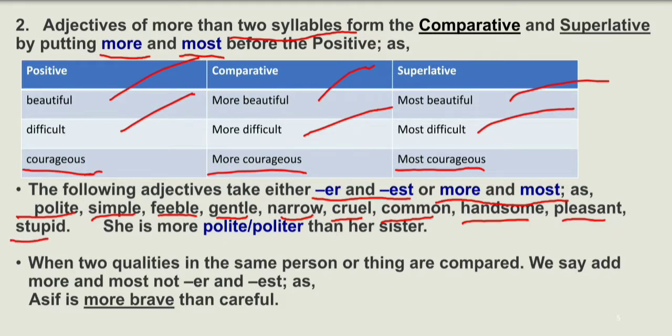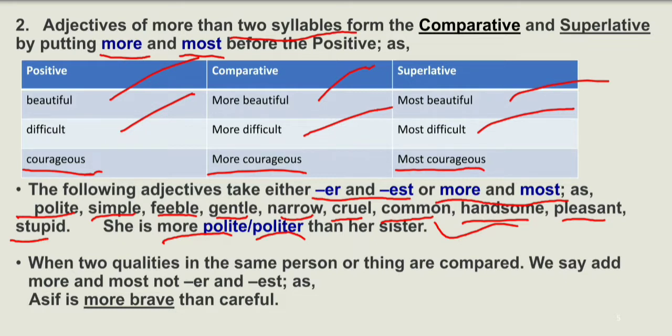An example is: she is more polite or politer than her sister. We may say it in both ways: she is more polite than her sister and she is politer than her sister.